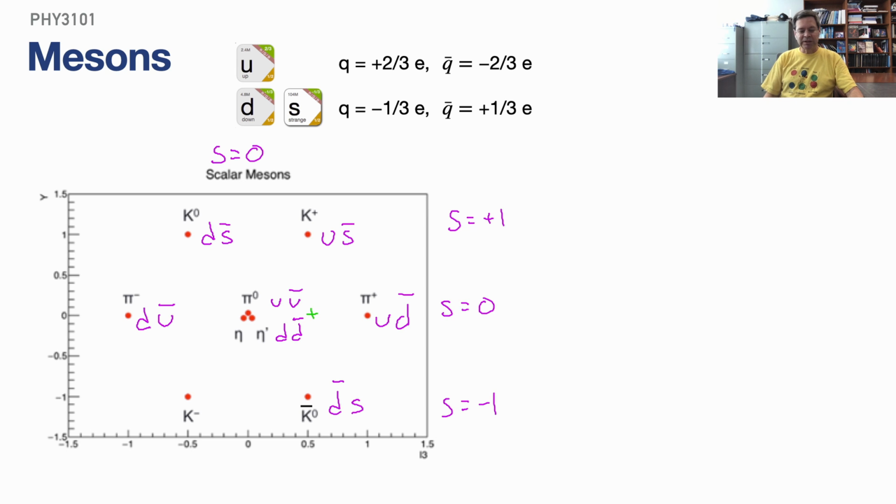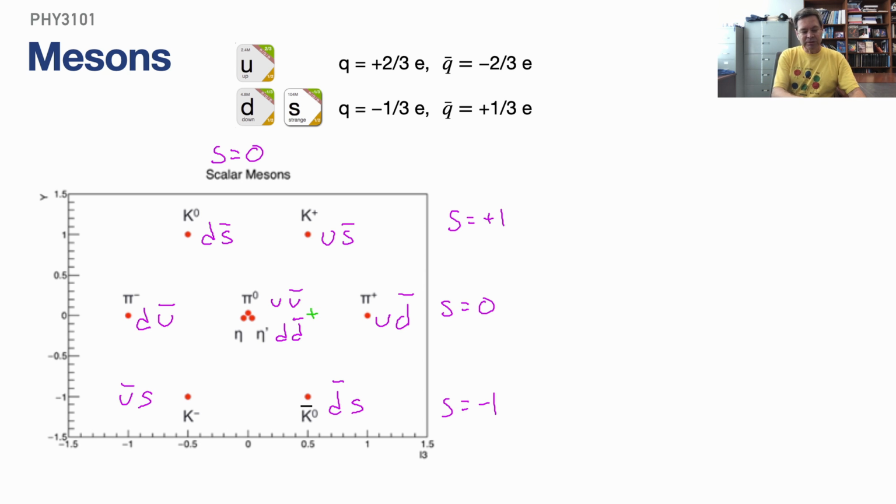And that has charge -1/3, and an anti-down would be +1/3, so it indeed is neutral. And the K minus would be, therefore, an anti-up and a strange quark. And that should give you the minus charge. So that's how you do the scalar mesons, those mesons that have spin 0.